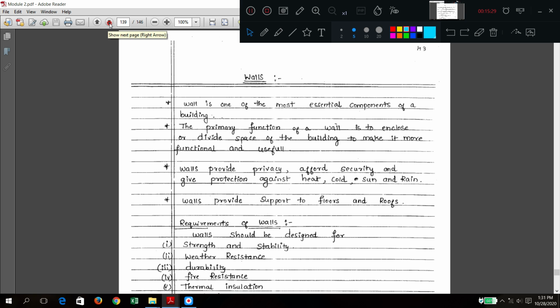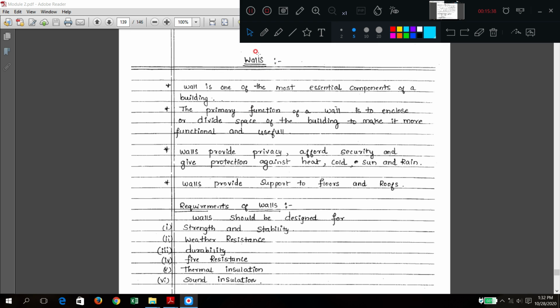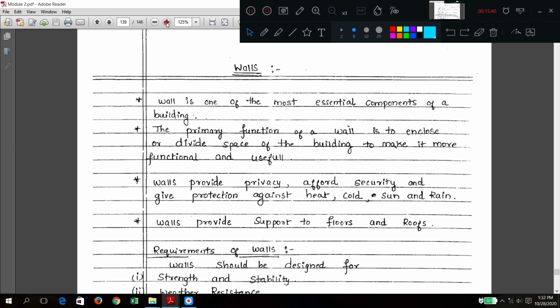So we will start with the next topic, that is walls. What is a wall? Everyone knows. A wall is the essential component of any building, very important.